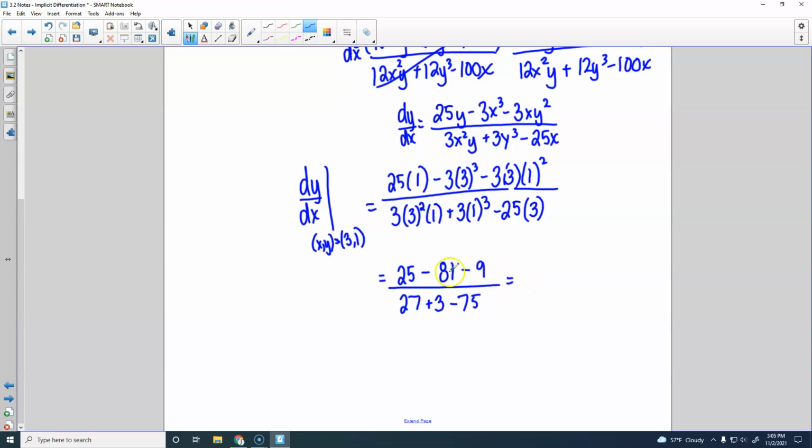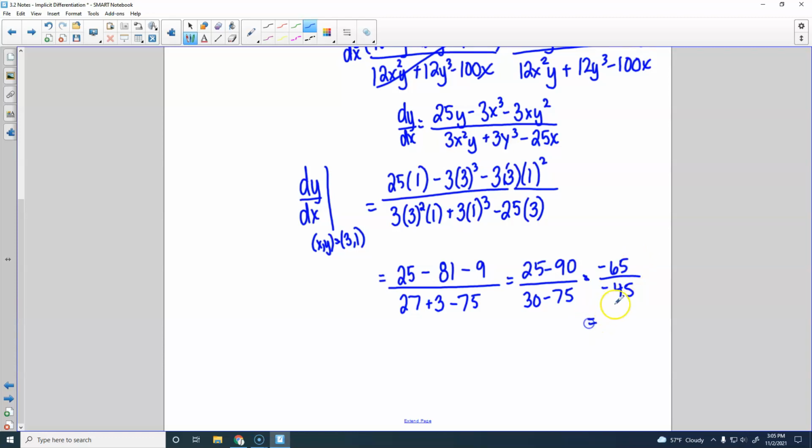So, put those together, it's going to be 25 minus 90 over 30 minus 75. It's going to be negative 65 over negative 45.